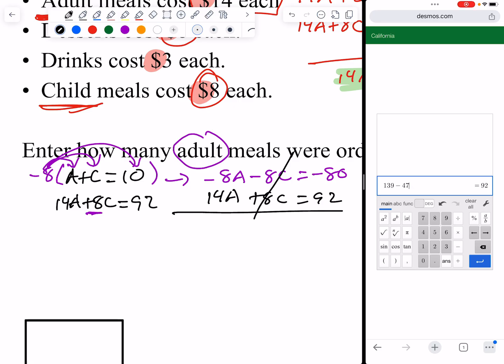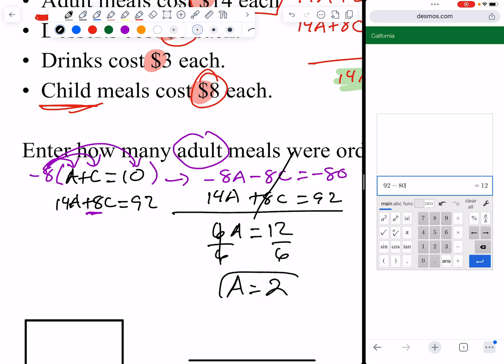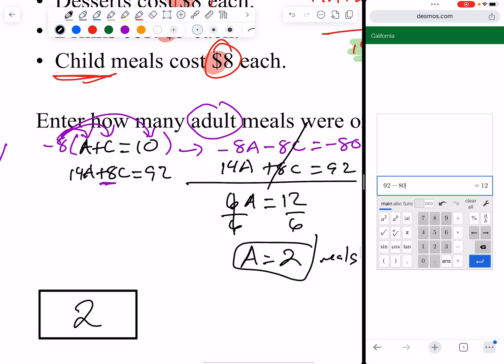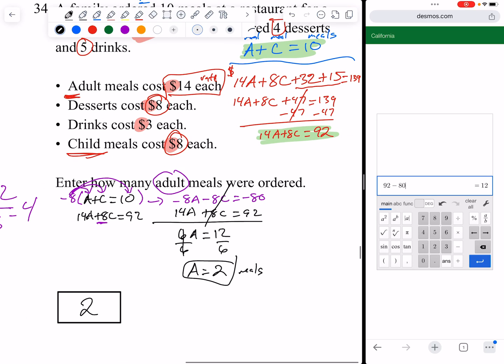I'm left with 14 minus 8, so that's 6A, equaling, what is that, 92 minus 80, 12. So divide by 6, I had 2 adult meals. Not $2, right, because A was the adult meals. So I had 2 adult meals, and it was a total of 8 child.